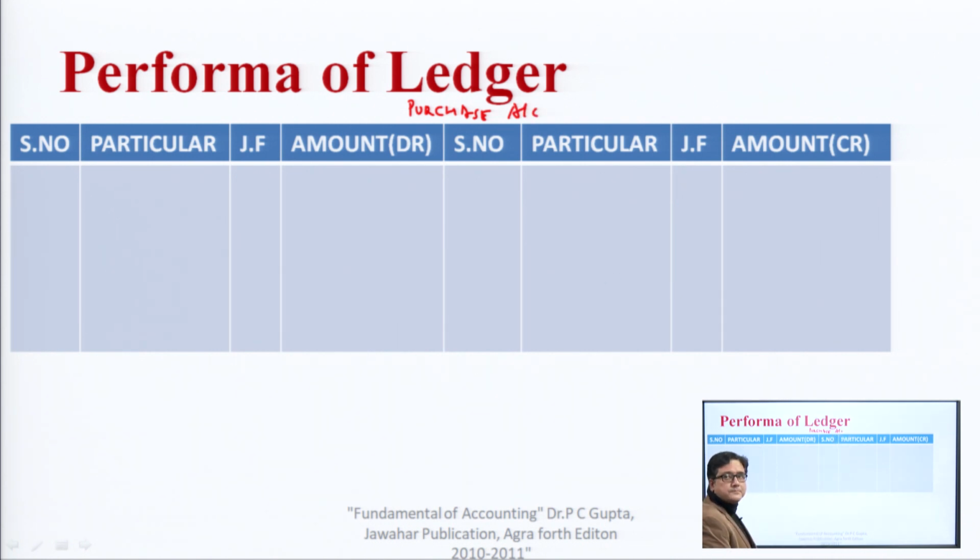This is a ledger of purchase, and this is a serial number like 1, 2, 3, 4, we write it here. We write all the transactions from the journal entry which are related to purchase here.